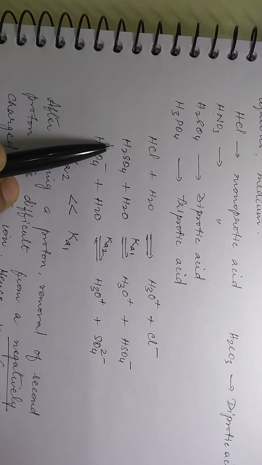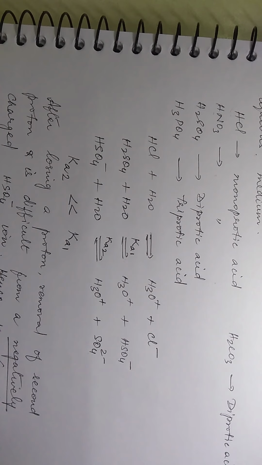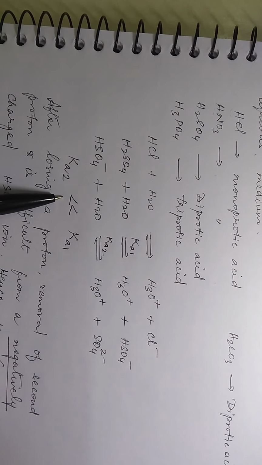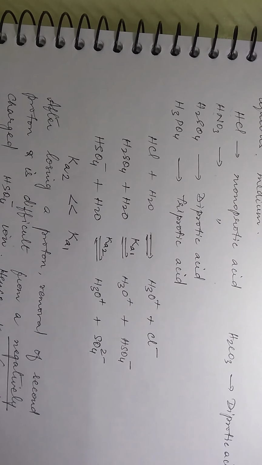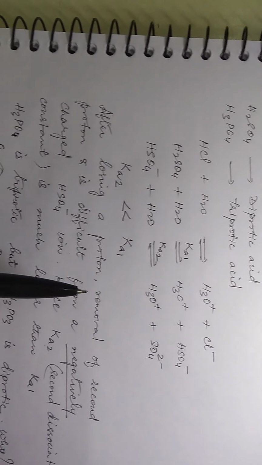Now HSO4 minus is a negatively charged group. Now from that, if you have to take out a positively charged H plus, obviously it will be difficult. That is why it is like this. Okay? After losing a proton, removal of second proton is difficult from a negatively charged HSO4 minus. Hence, Ka2 is much lesser than Ka1.